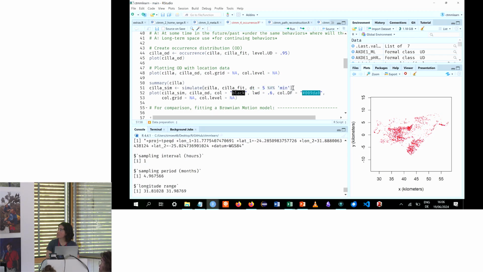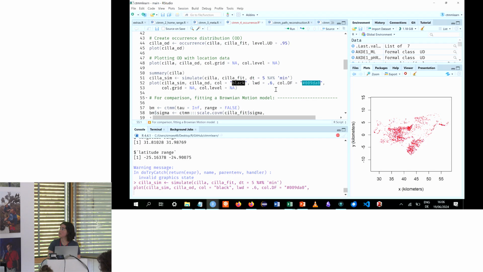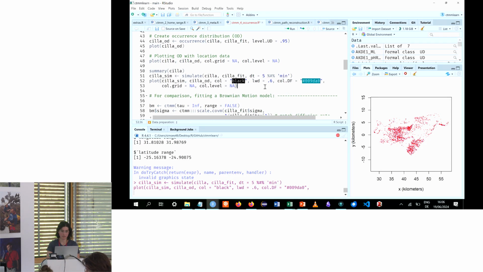Then instead of 1 hour, I want every location to be 5 minutes apart. It will interpolate between the locations and give you a new simulated track. It might not show up when I plot it, but that's how you would do it for 5 minutes apart.